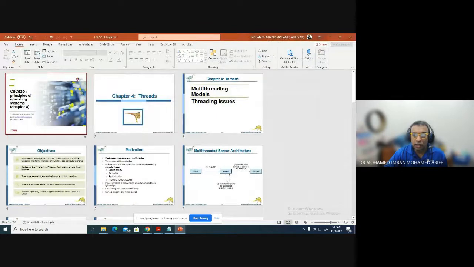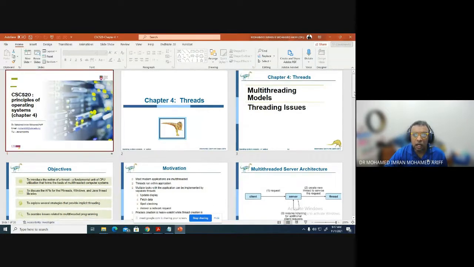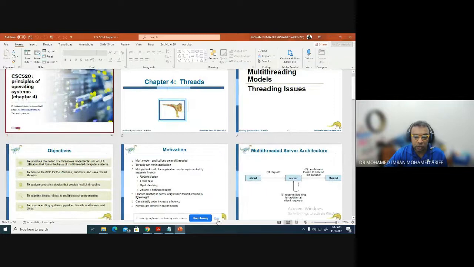Overall, we are going to understand what a thread itself is. What are the thread issues? There are certain issues related to threads. We'll understand why a thread is necessary and how a thread actually works.